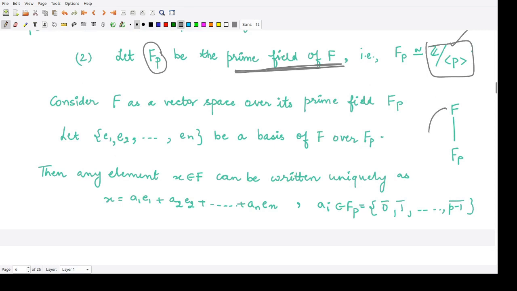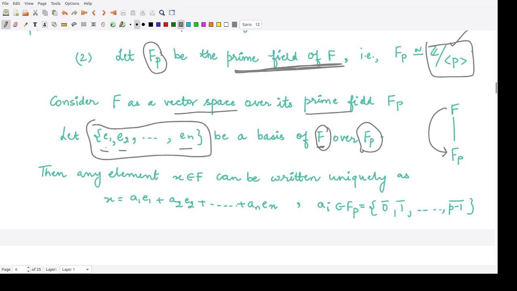Now because this is isomorphic to integers mod p, and because this is a field, F, which is defined upon Fp, will act as a vector space over the prime field Fp. And if this is a vector space, that means it has a basis e1, e2 up to en defined over Fp. So all these elements e1, e2, en belong to F. Then you have some elements in Fp taken as scalars, so that every element of F is represented as a linear combination of these elements.